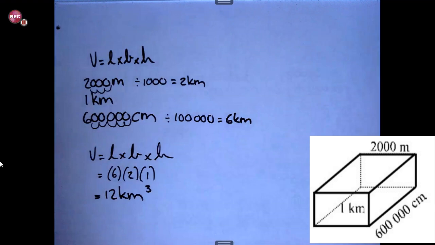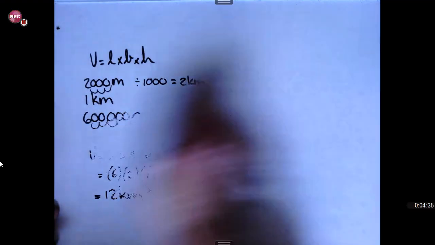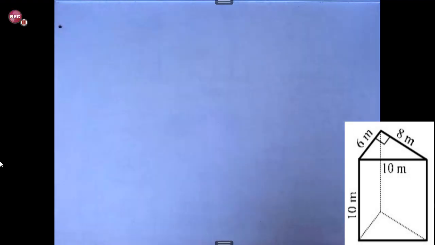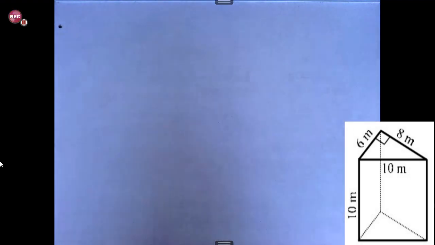Okay, moving on to our triangular prism. To calculate the volume for the triangular prism, you are going to have to say the area of the triangle multiplied by the length of the actual prism.